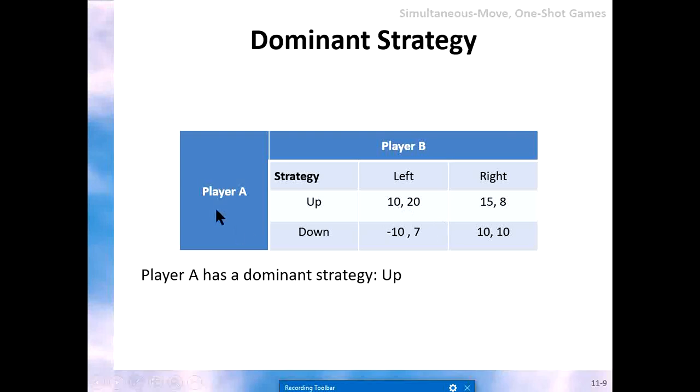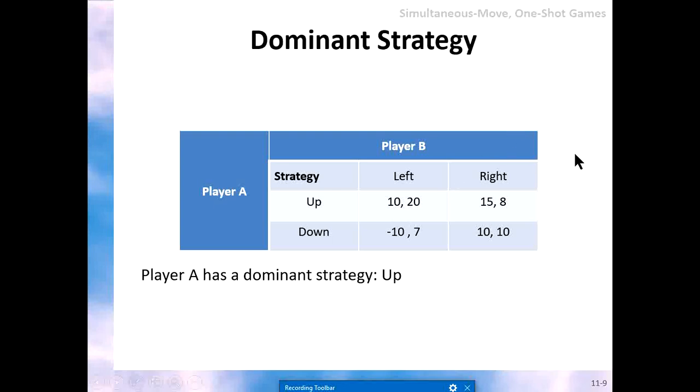For example, if player A chooses up, player B either chooses left or right. If player B chooses left, then with player A's strategy up, he will get 10.